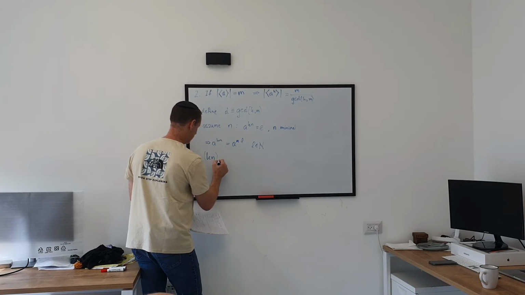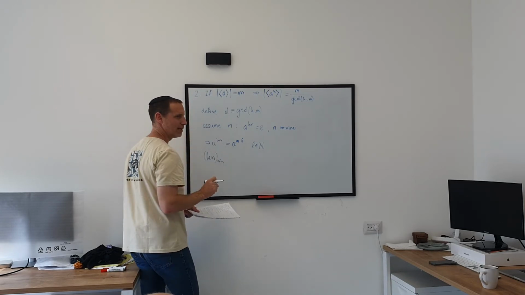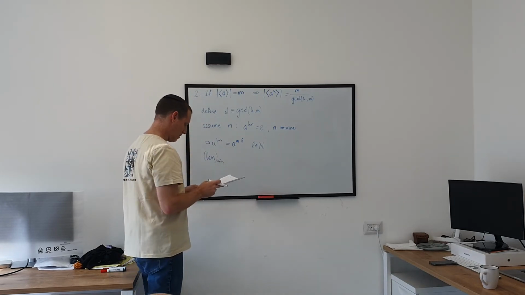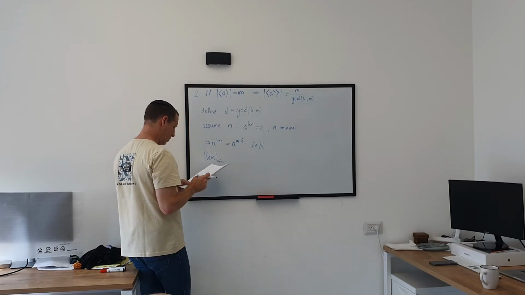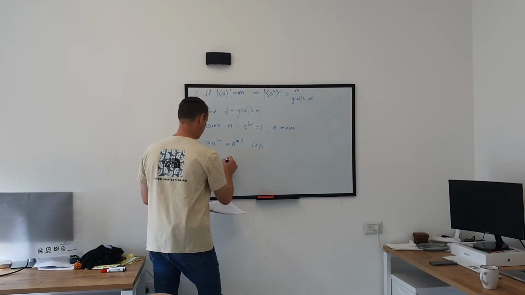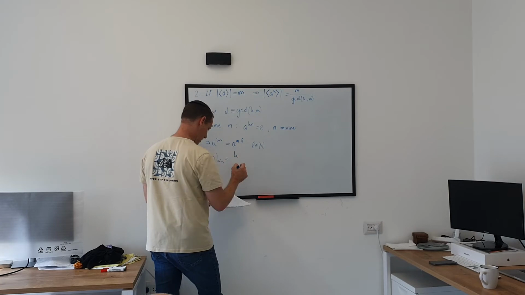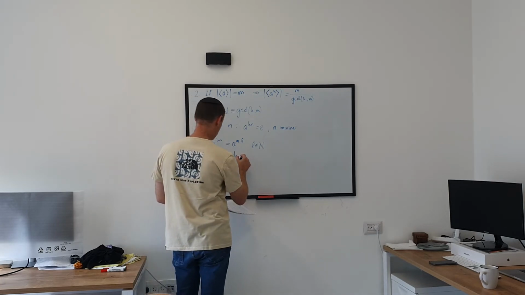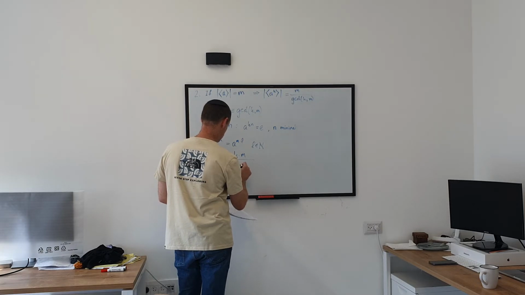Let's make it like that. But we don't know n yet. So the minimum one, what would it be? It would be k times m divided by GCD of k and m.